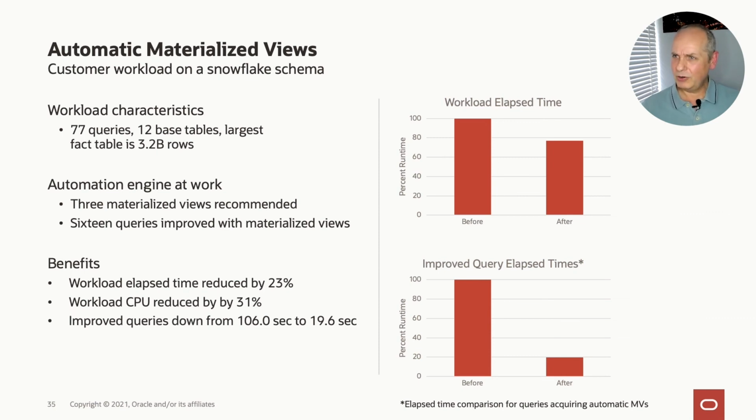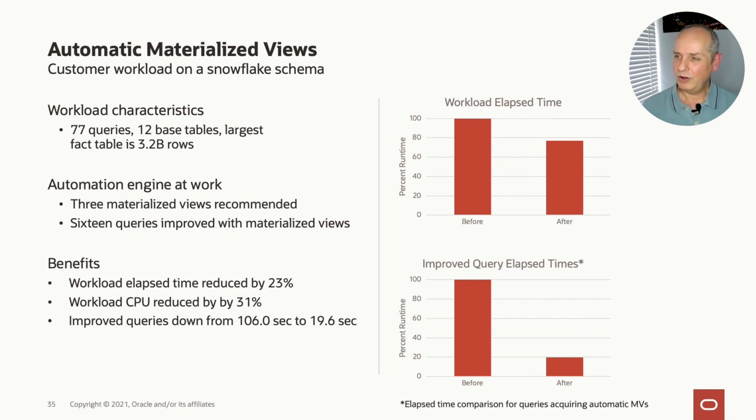So what did that do to the workload? You reduced the overall end-to-end time of the full 77 queries by about 23%. You'll see in this chart here, this is comparing the performance of the queries that benefited from the materialized views. This is again where, as I was talking about earlier, the performance benefits can be massive.